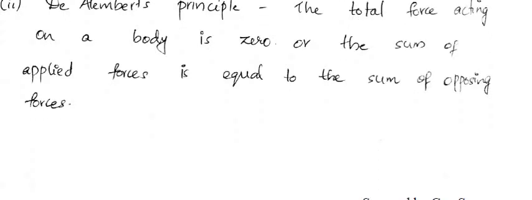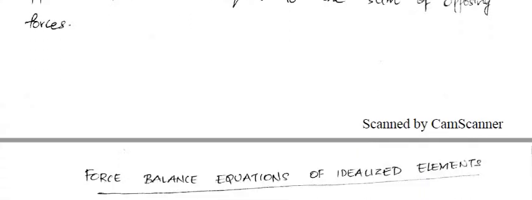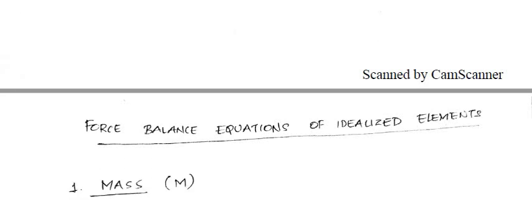For doing the problems, we should know the force balance equations of these three elements. Which are the three elements? Mass, dashpot and spring. We need to know the force balance equations of these three elements, then only we can calculate the transfer function.